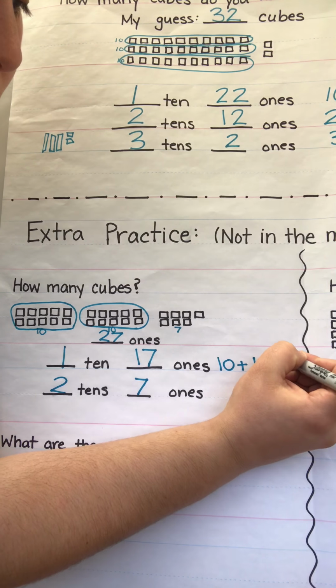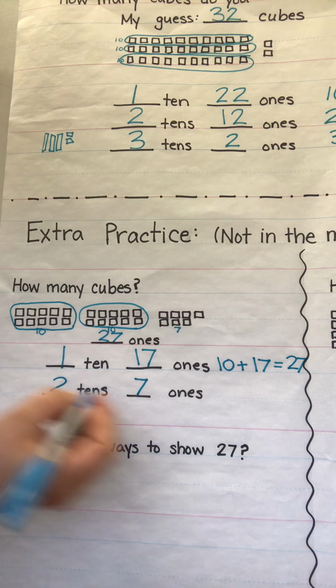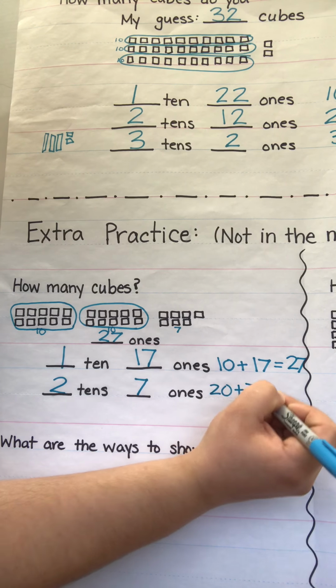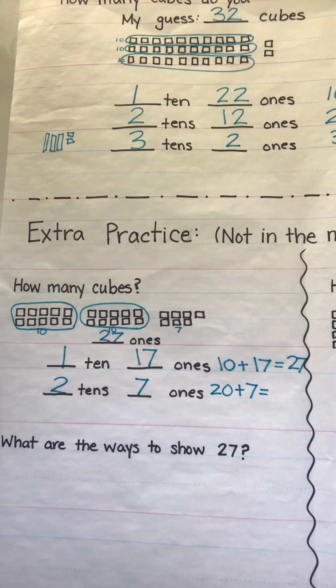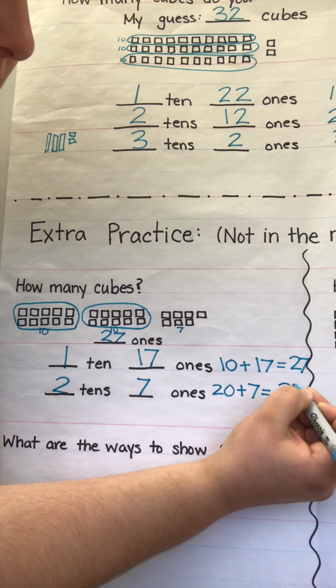That's right, we have 27 total. If I have 2 groups of 10 and 7 1s left over, how many do I have total? Sorry. That's right, I still have 27.